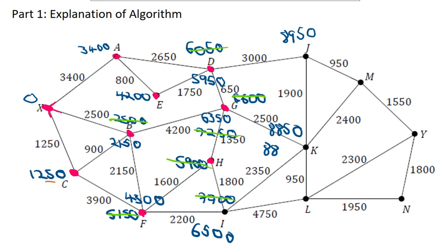I is, no, did I get something wrong here? I think I added up something wrong. I6500.